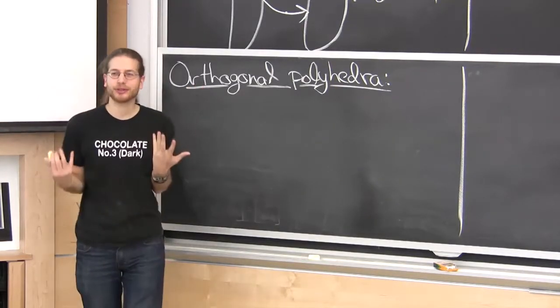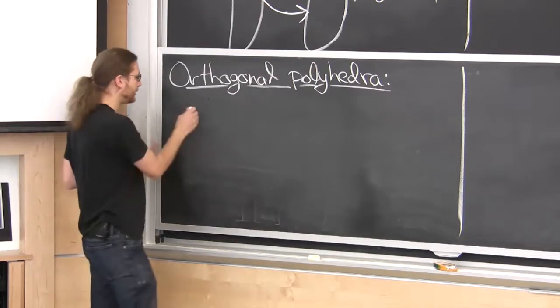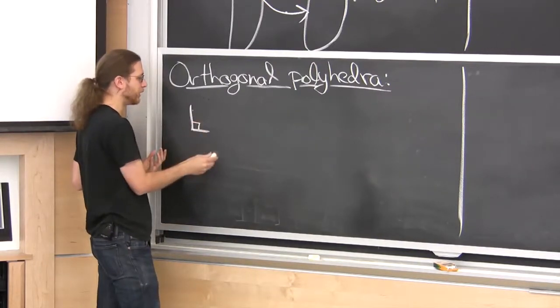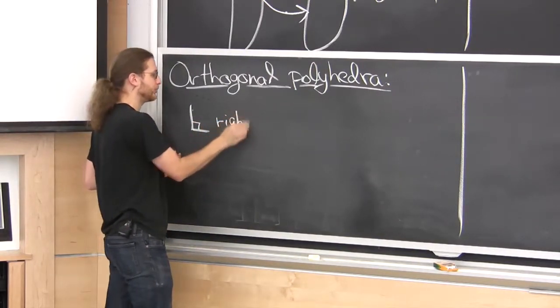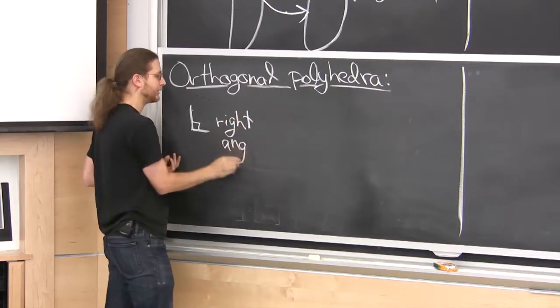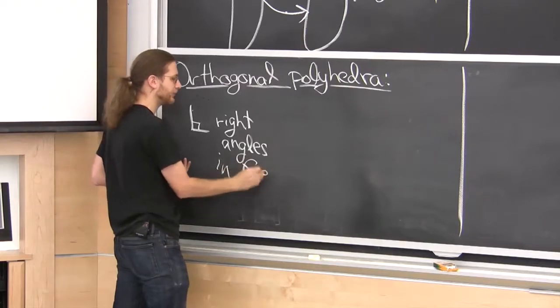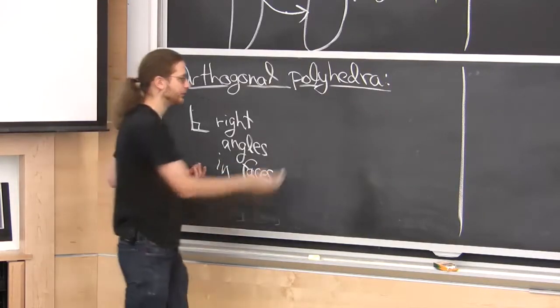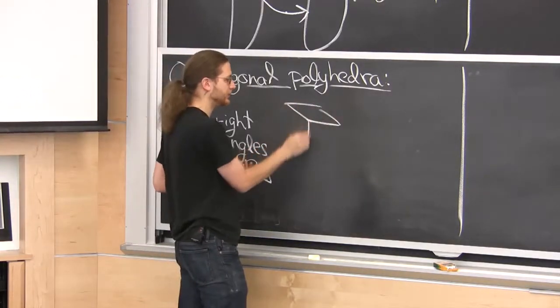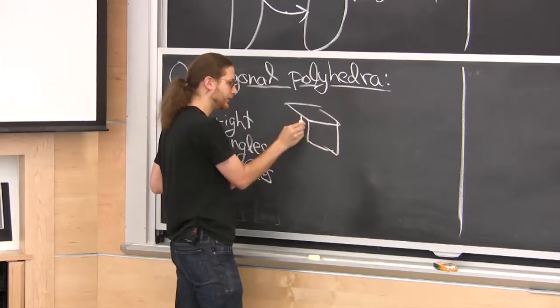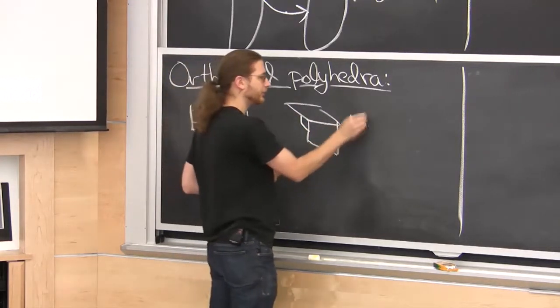There are two natural definitions. One is that the angles are right. Right angles, let's say, in the faces. The other natural definition is that you look at two faces, and the angles between those should be right.